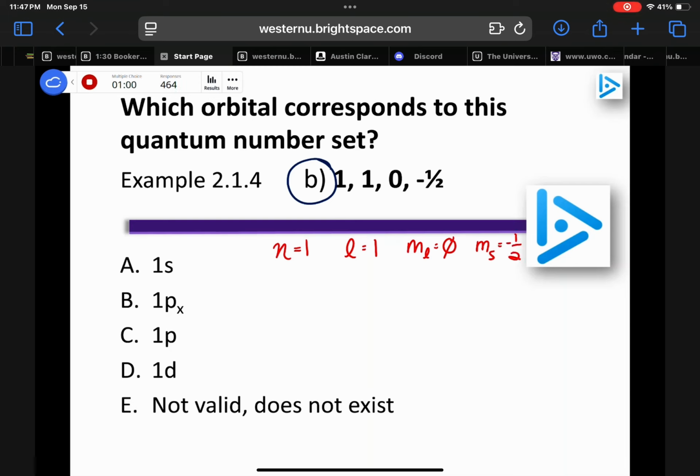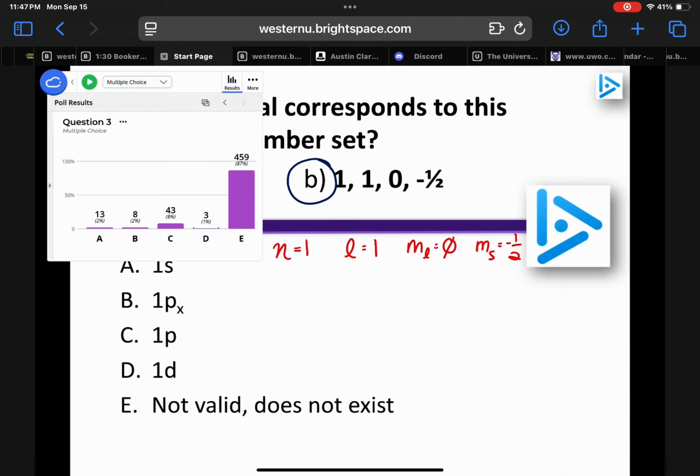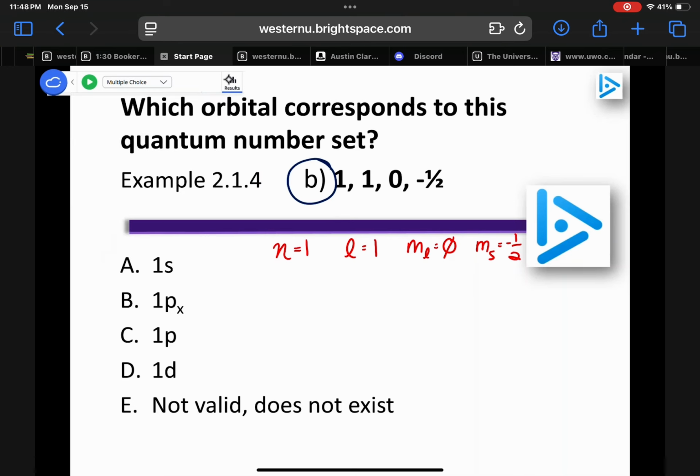And 10 more seconds. And 3, 2, and 1. Okay, most people going for E. We have a few votes for the middle.